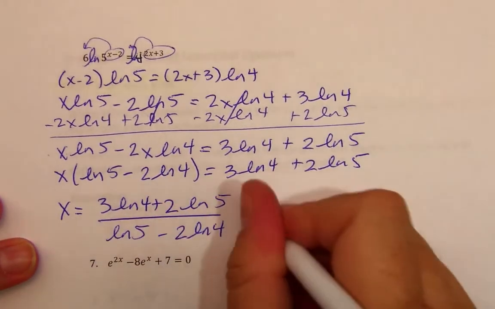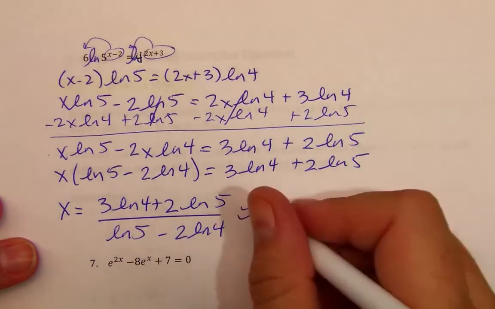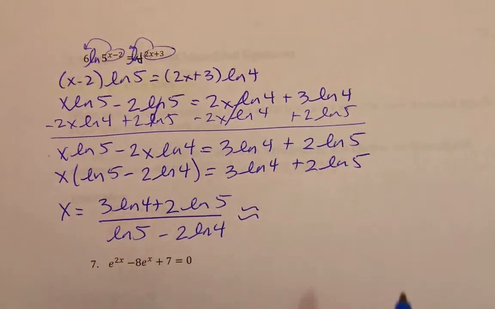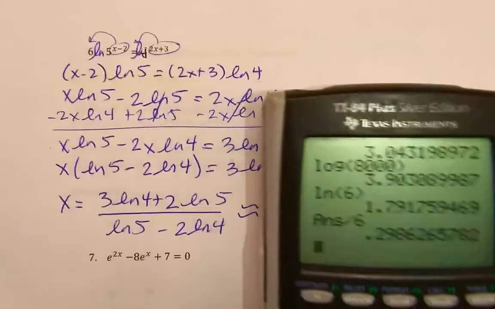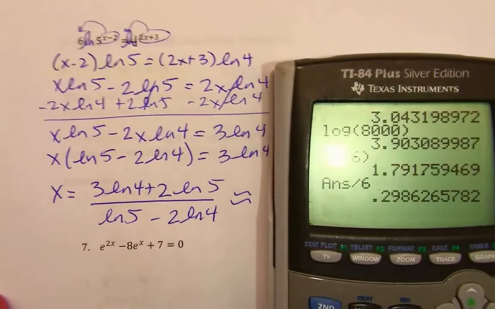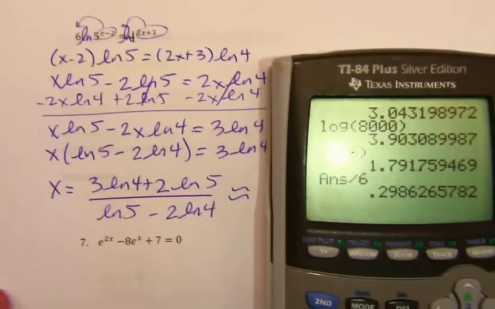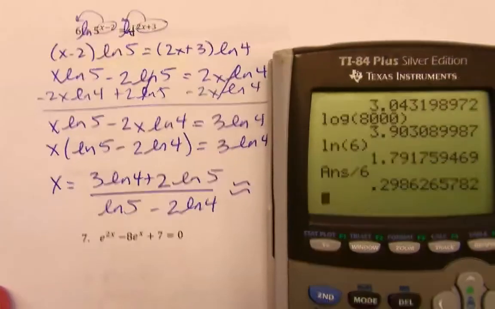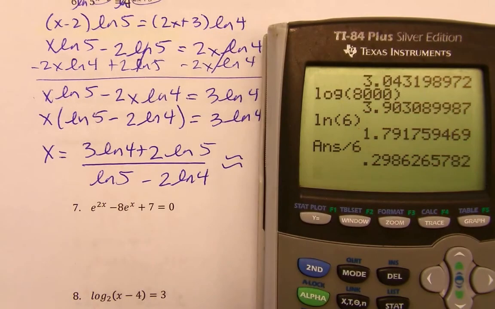That's my exact answer. My approximate answer is going to be, when I plug this in my calculator, and I'm going to show you how to plug this in because it's going to be really important that you use a lot of parentheses here. So looking at this, I'm going to go ahead and clear.